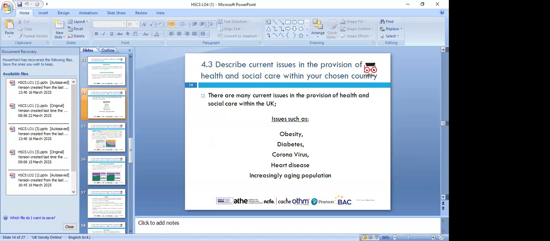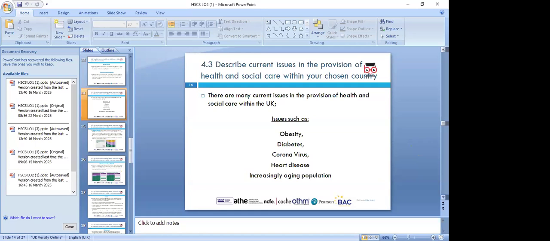I've just mentioned that there are many current issues in the provision, issues like obesity, one of the key things, and it's normally huge among the African community, also in the white community, but it's quite huge within the African. A lot of people are obese in this country because we don't check our eating patterns, or the timing of eating is so late that the digestive system is not able to digest the food properly.